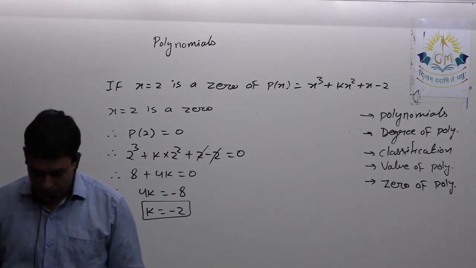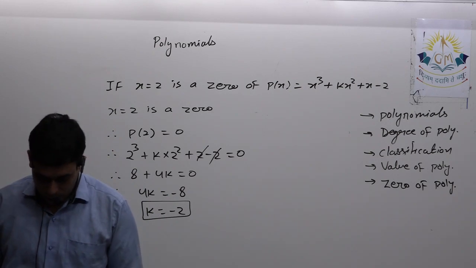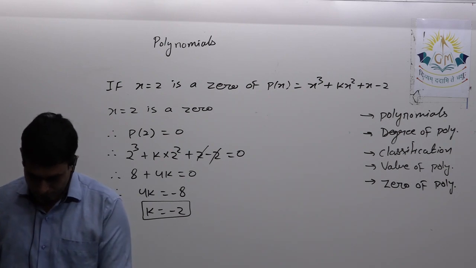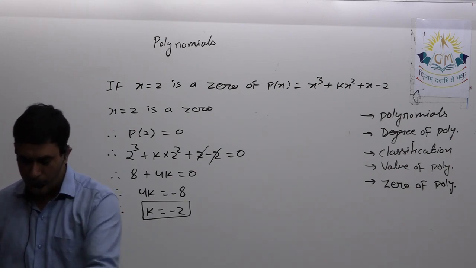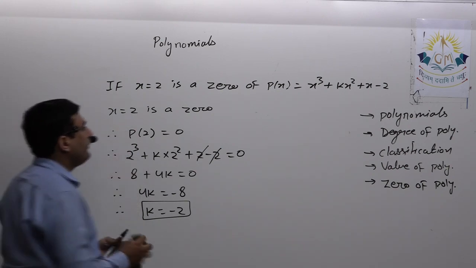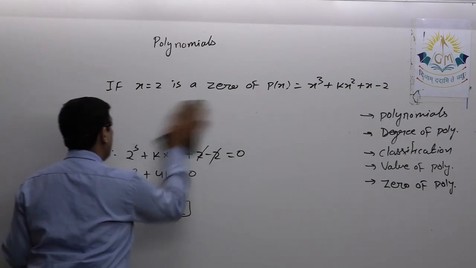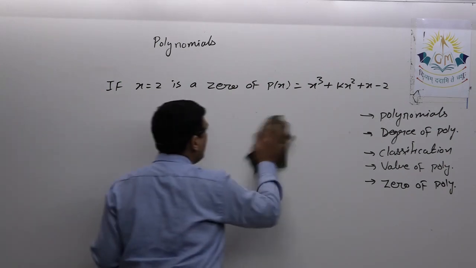Okay, now next is the remainder theorem. Or let us see one more question related to this. See, here only one variable was involved. Now sometimes you get a question in which two variables are involved.